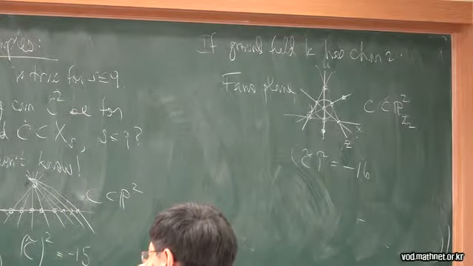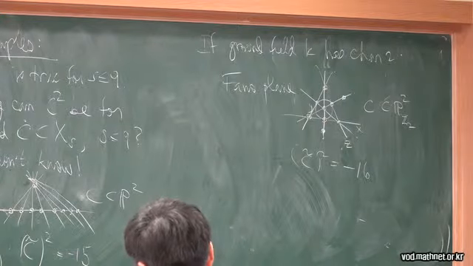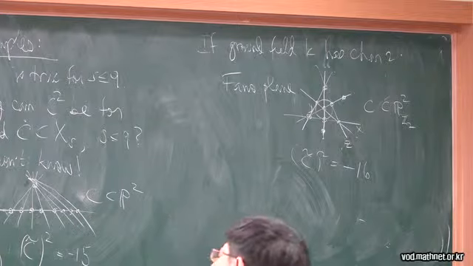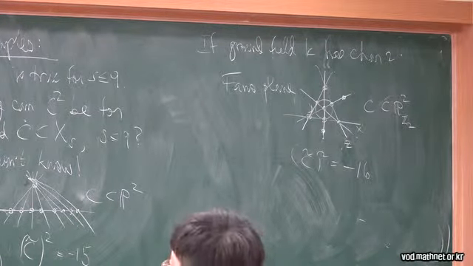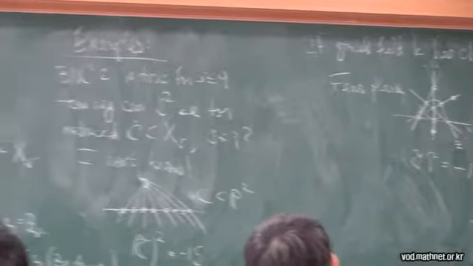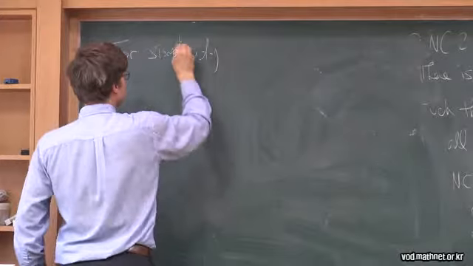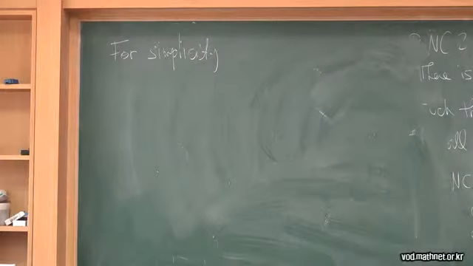All right, now I want to switch gears a little bit. We don't have to do what I'm going to do, but it simplifies the discussion. So for simplicity, we don't really need to blow anything up. You can see that I'm doing the construction on P2, and the blowing up, we can see what's going to happen.